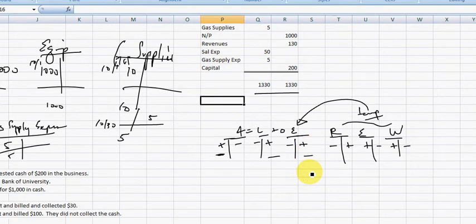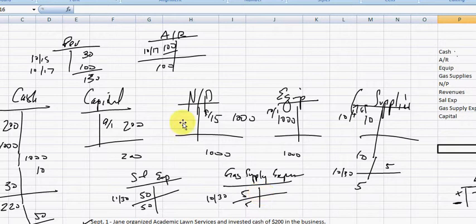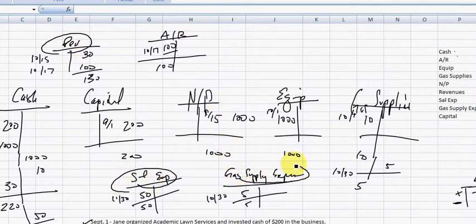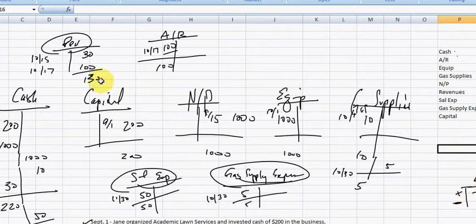So first of all, let's recognize those temporary accounts in our ledger. Here's one, here's another, and one more. We can see that revenue is at a 130 credit balance.